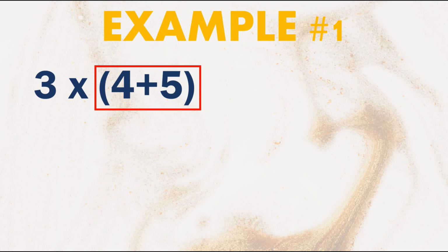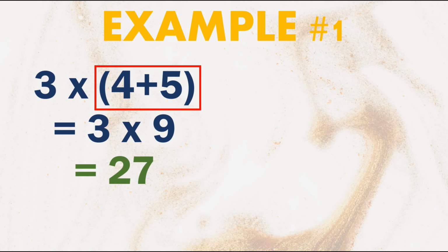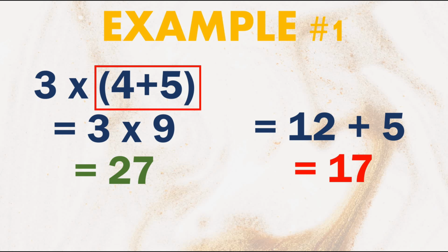We rewrite this as 3 times 9, and there's no exponent, so we may proceed to multiplication. 3 times 9 is 27. We don't do 3 times 4 equals 12 plus 5, which becomes 17. That's not the right answer, because it doesn't follow PEMDAS or BODMAS.